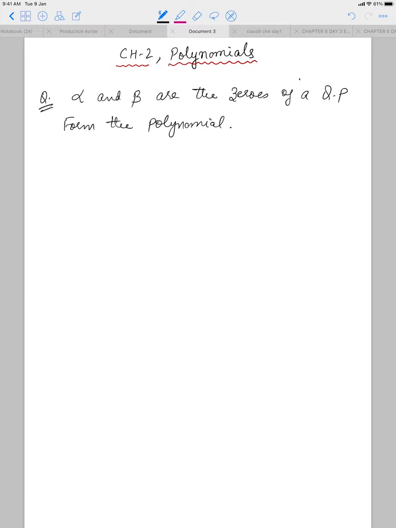If alpha and beta are the zeros of a quadratic polynomial, form the polynomial. How can I make the polynomial? First way, which we all know, is that the polynomial is x minus alpha, because alpha and beta are given to be the zeros.